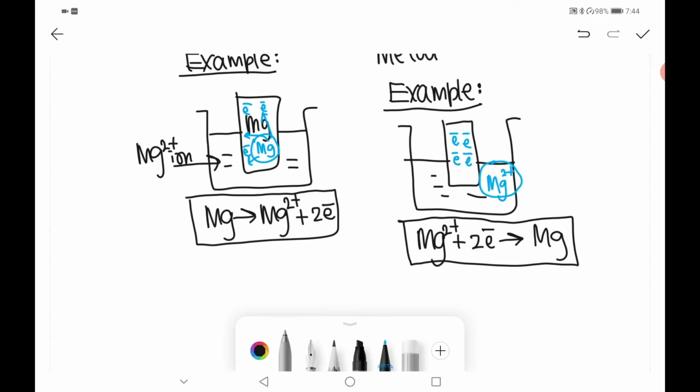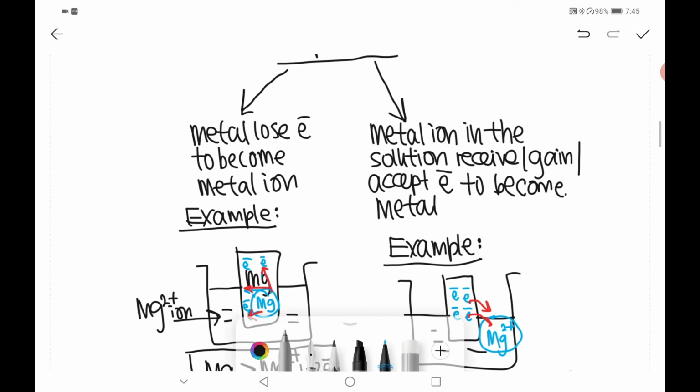You can see if I draw in the picture, the Mg2+ receives electron to become Mg. Just now the metal donated the electron in order to become metal ion. So these two processes happen at the same time.